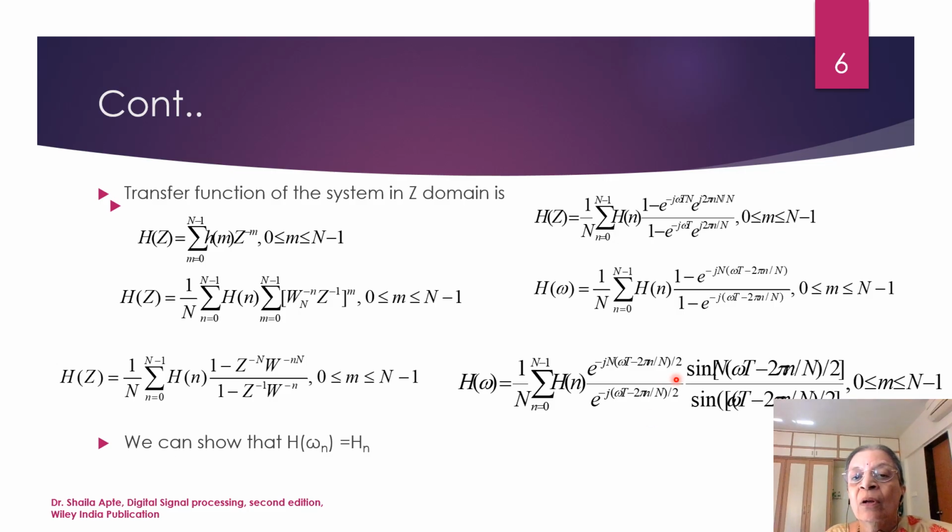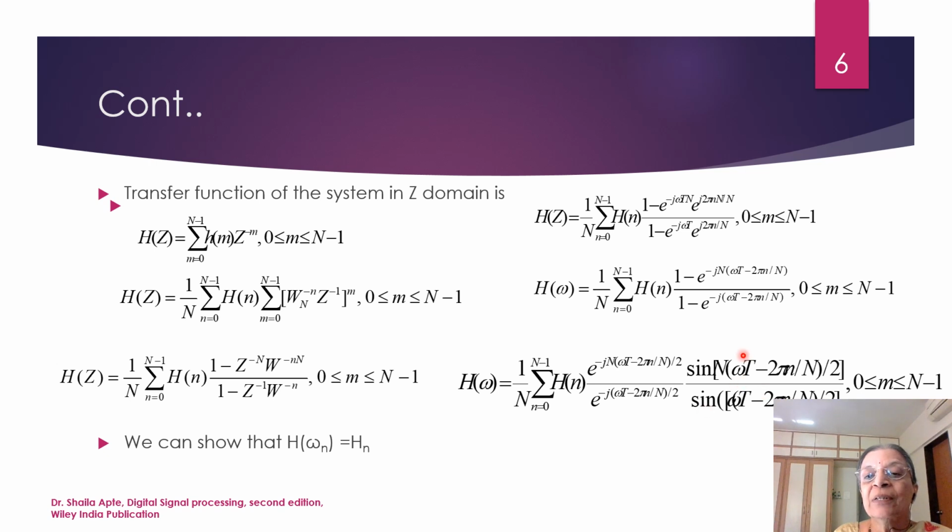Now what we have actually done is we have just written this particular expression by taking e raised to minus j (N minus 1) omega, minus 2 pi n by capital N by 2, as a common factor, and then we wrote it as sine theta upon theta.